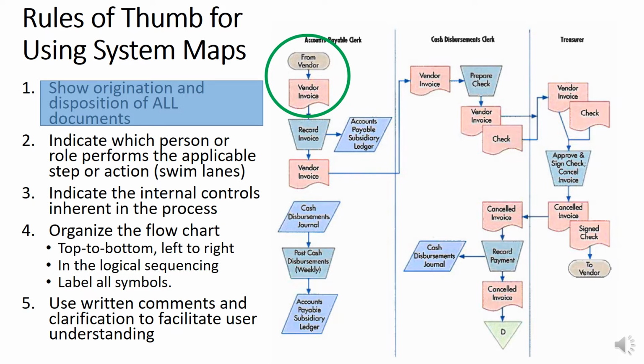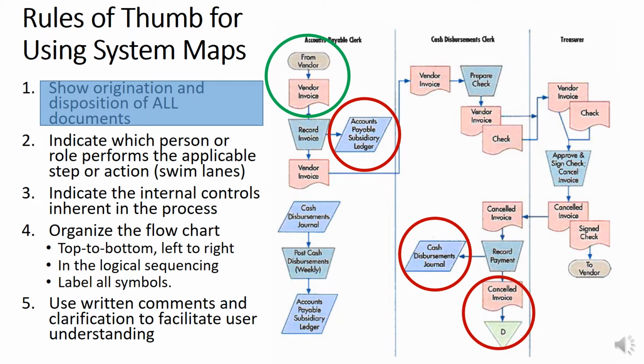As we move through the process, we see that records and documents are disposed in the accounts payable subsidiary ledger, in the cash disbursements journal, filed as a canceled invoice, remitted with the check to the vendor.